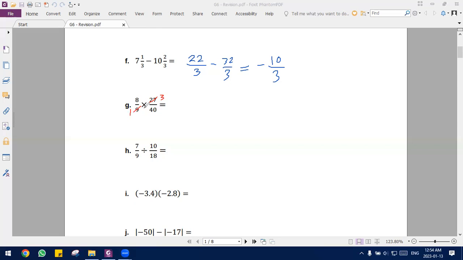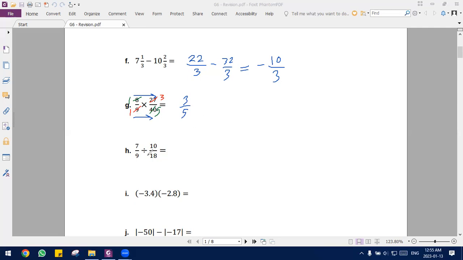Again, both of them can be divided by 8. 8 divided by 8 is 1, 40 divided by 8 is 5. And now you do the multiplication, and the answer will be simplified. So you multiply the numerators together. 1 times 3 is 3. And then you multiply the denominators together. 1 times 5 is 5. And that's it. The answer is simplified.